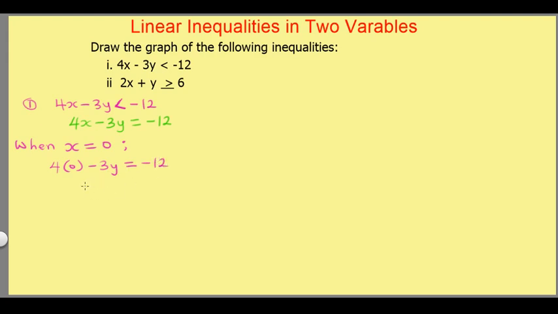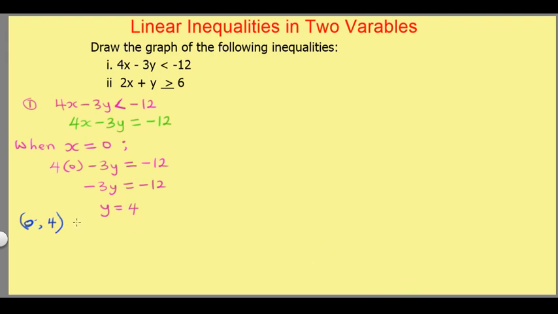And this gives us minus 3y equals minus 12. Divide both sides by negative 3, y will be equals to 4. So here we have the point saying when x is equals to 0, y is 4.